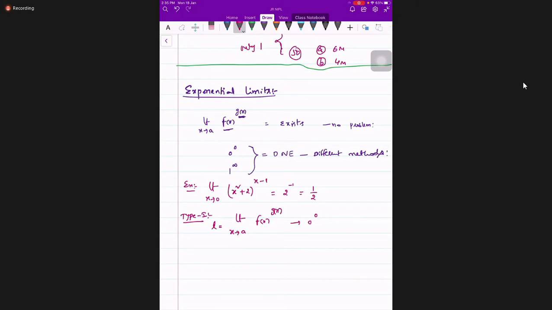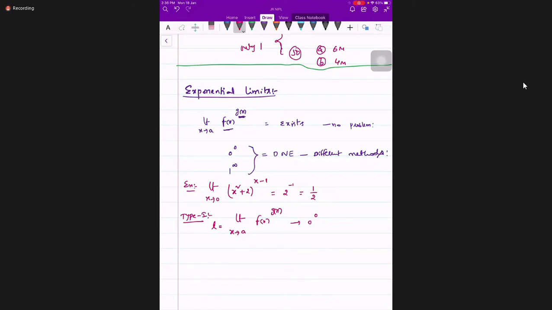What is the idea of eliminating power, students? Eliminating means what we are going to do? The power, whichever is there on the top, we have to bring it down as a multiple.